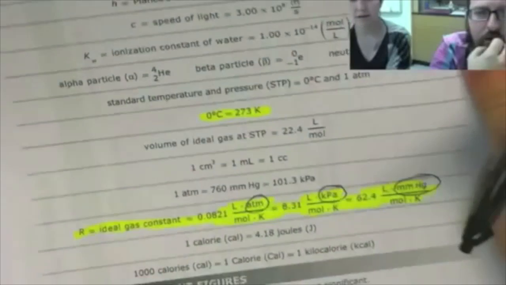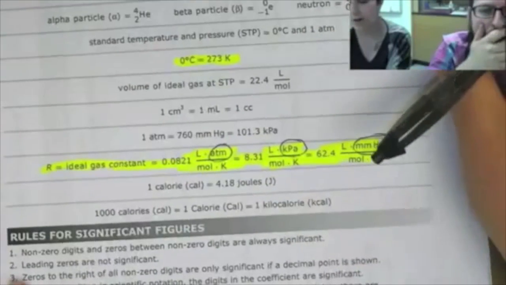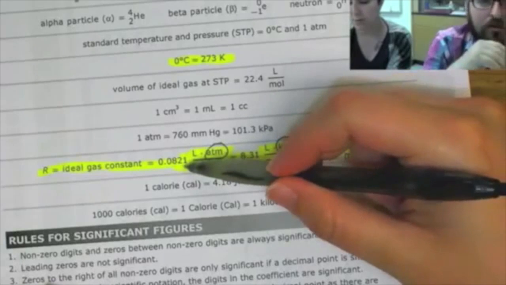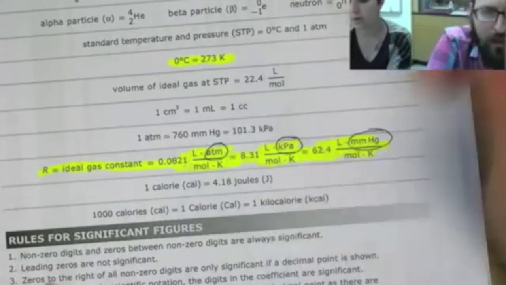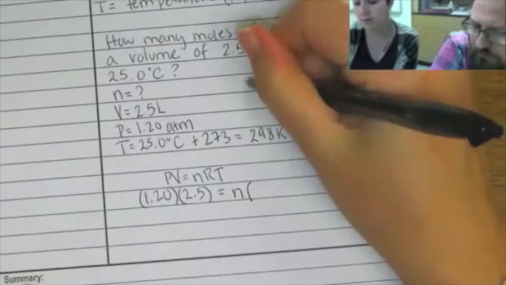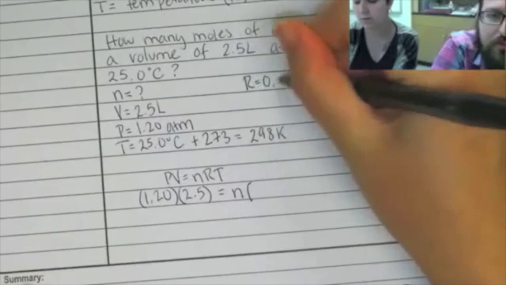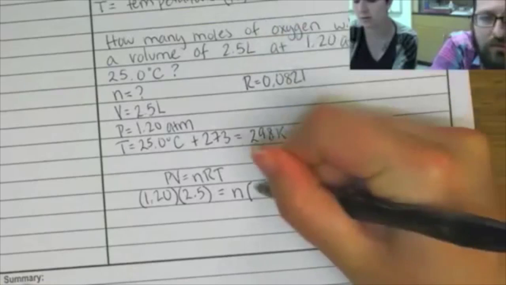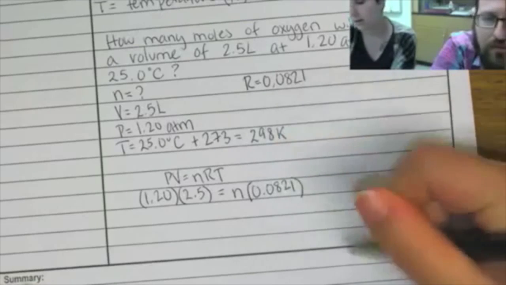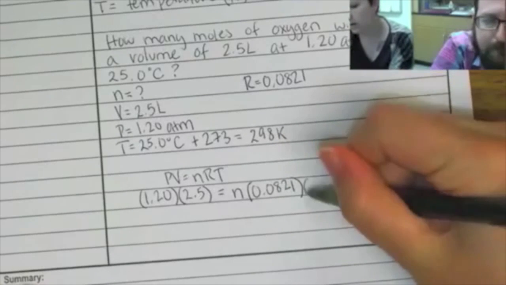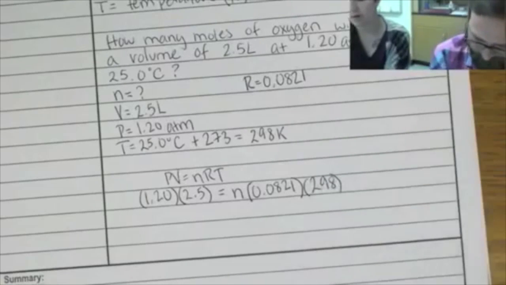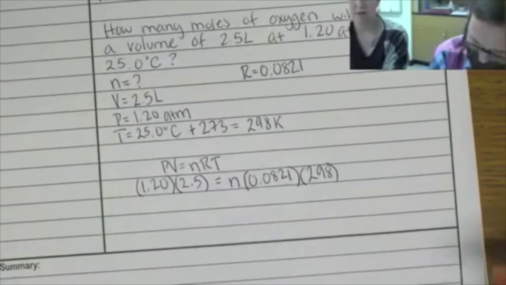Since we're in atmospheres, we're going to use 0.0821. Let's put that in our list of knowns, because it does count. Then I'll plug it in right here, and then we've got a temperature of 298.